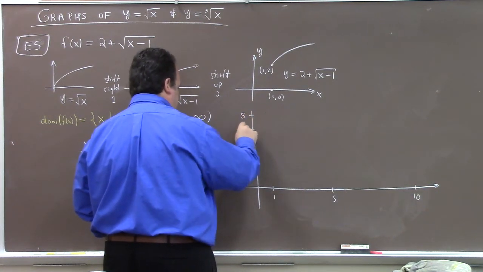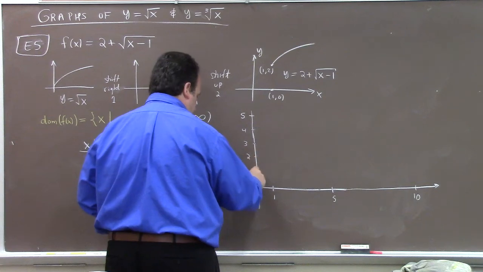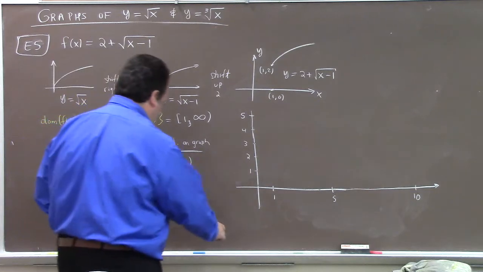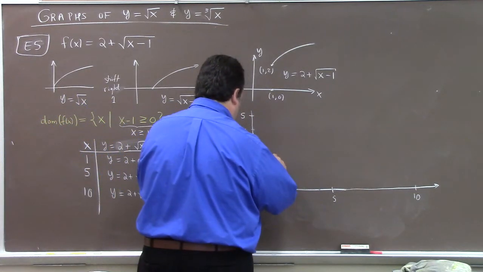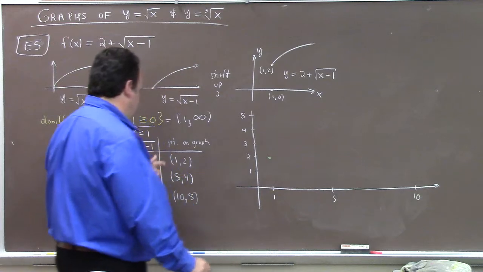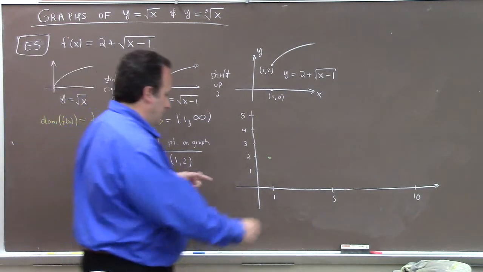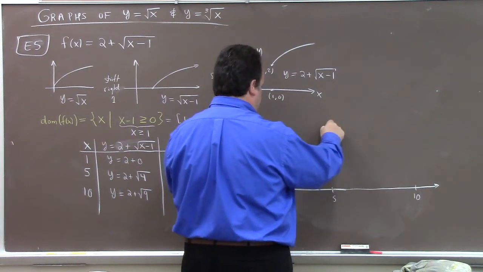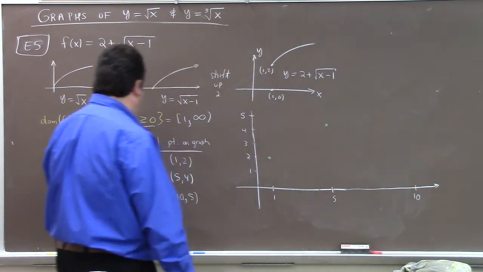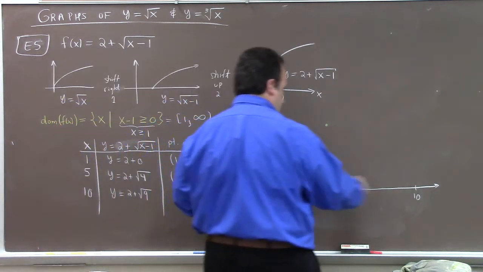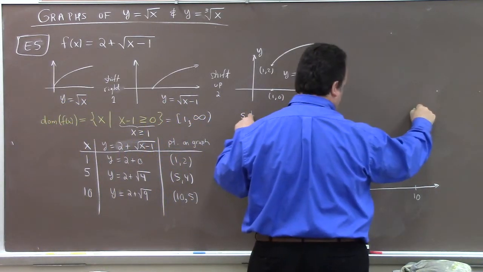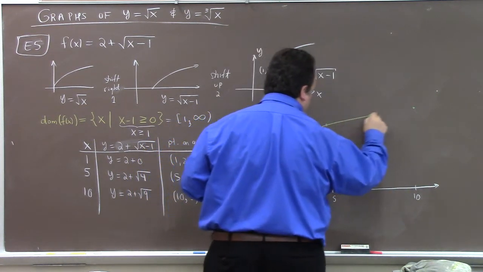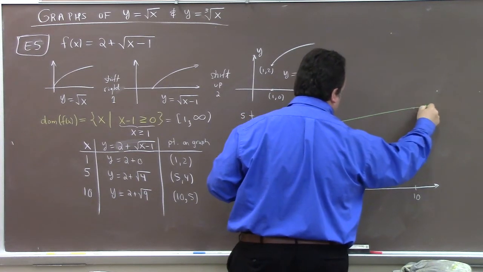If I had graph paper, this would be neater, right? And so we start at the point 1, comma 2. And then we go to the point 5, comma 4, over 5, up 4. So the best of my artistry about there. And then we go to 10, comma 5, and then it keeps going.